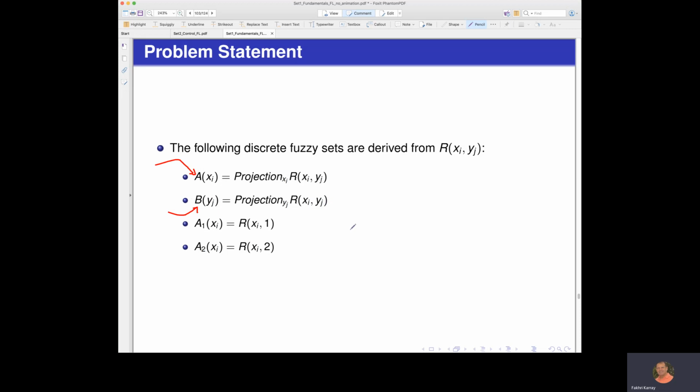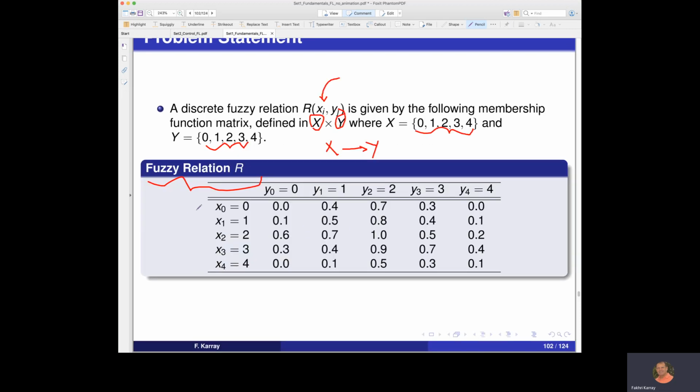If we look here, A(x) is going to be a vectorial type of representation where we take the maximum over each one of the rows, over all the values of Y. So this is a projection onto Y. First we are going to see the maximum for this particular element, this one, the maximum here and the maximum here.